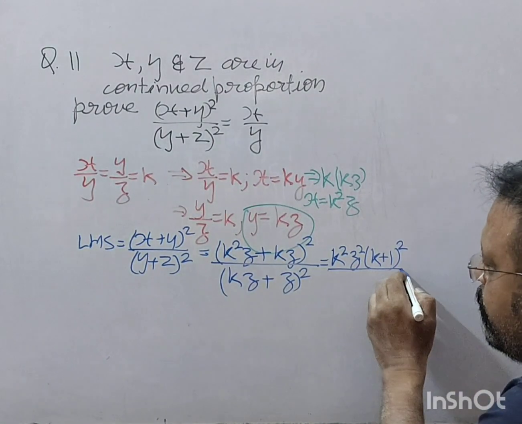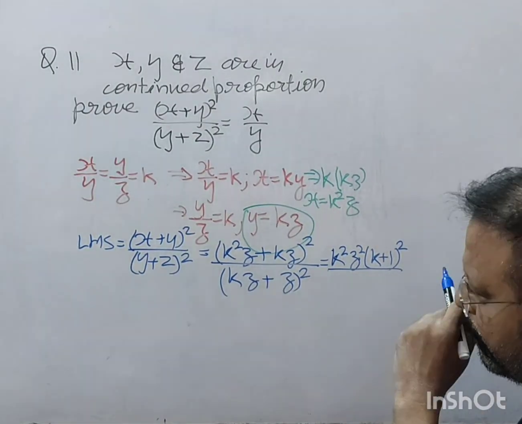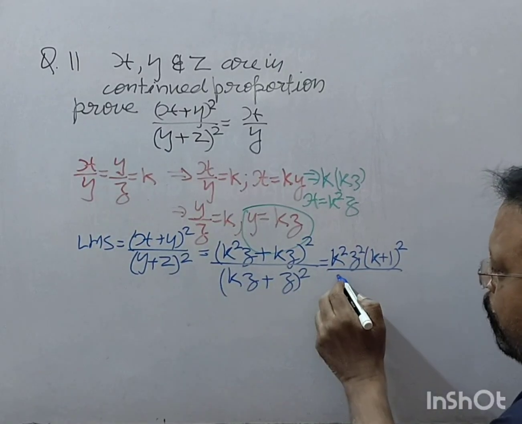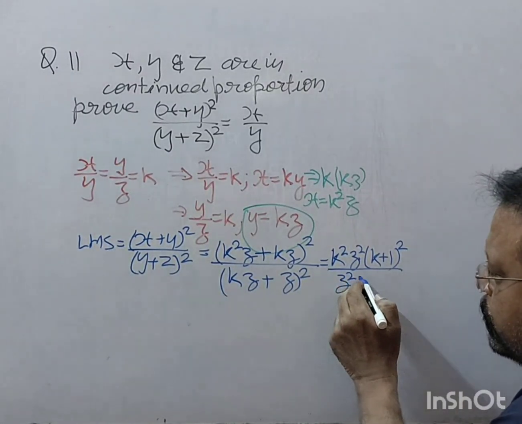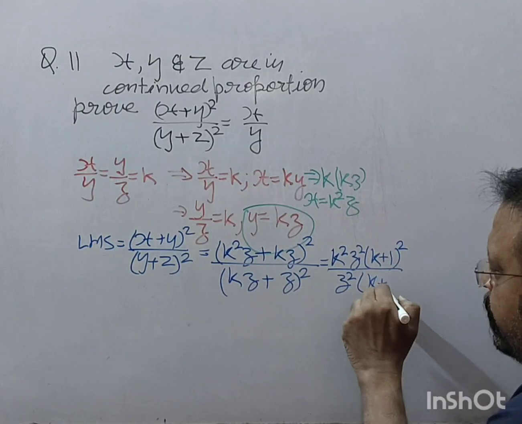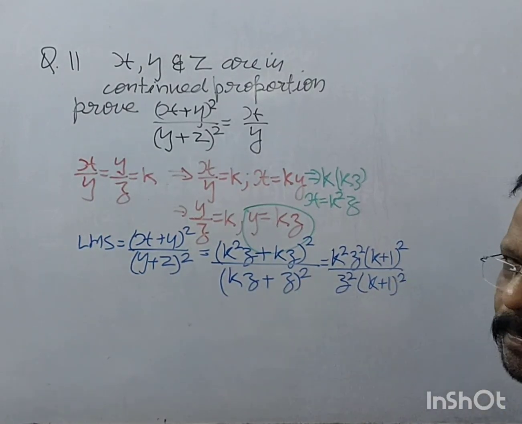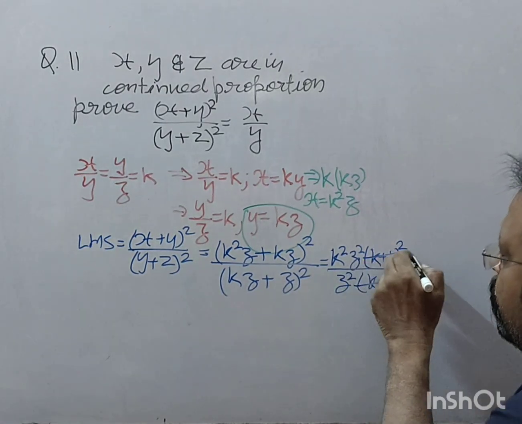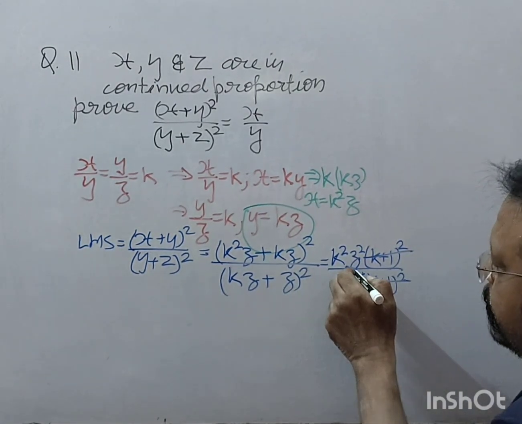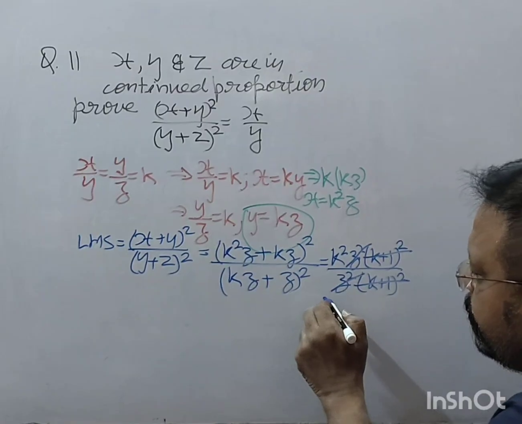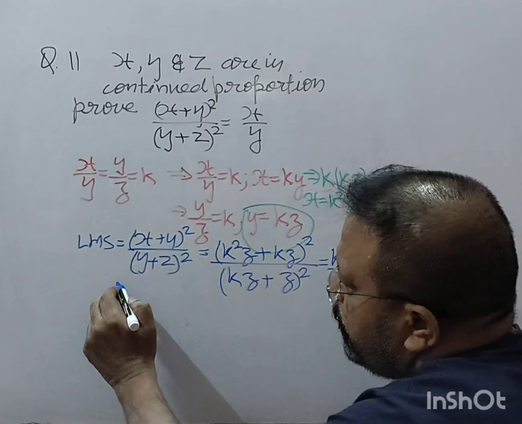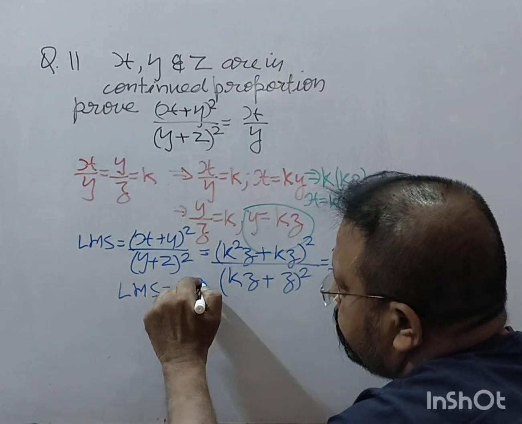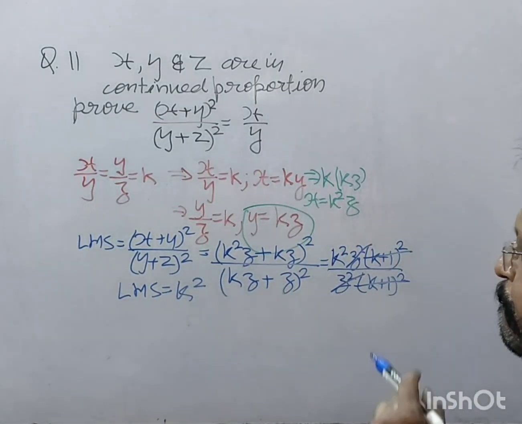And when you take z square common from the denominator, you get (k plus 1) whole square, right? So (k plus 1) whole square is gone off, and z square is gone off. So LHS is equal to k square. Getting?